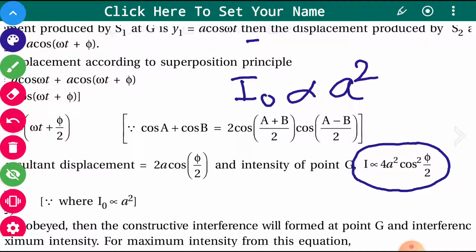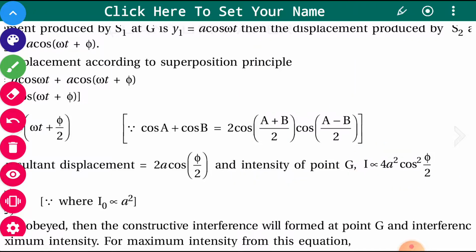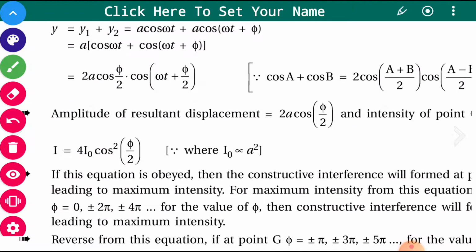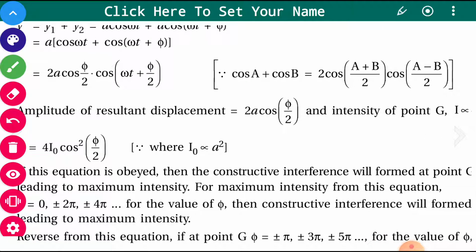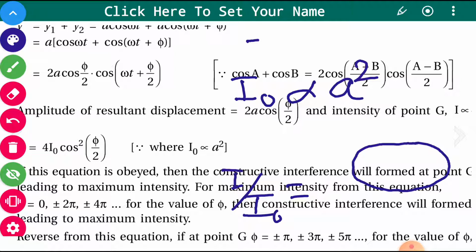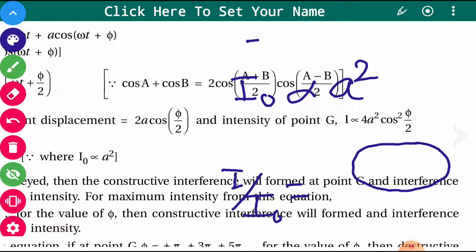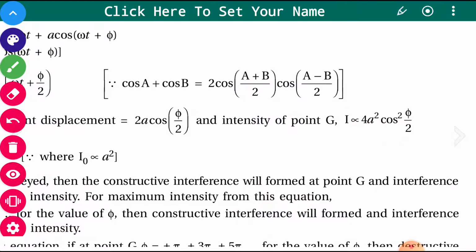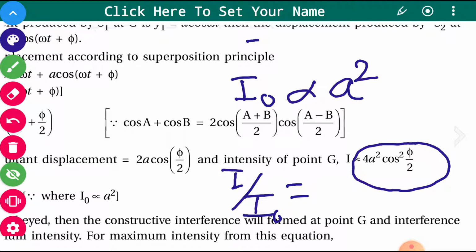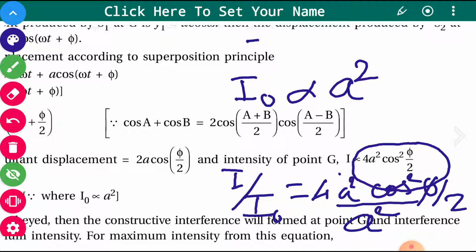So if you take the ratio I upon I0, this A square will be cancelled out and you will have 4 cos square (phi by 2). It can be easily understood. I upon I0 is 4a square cos square (phi by 2) divided by a square, and a square is cancelled out.